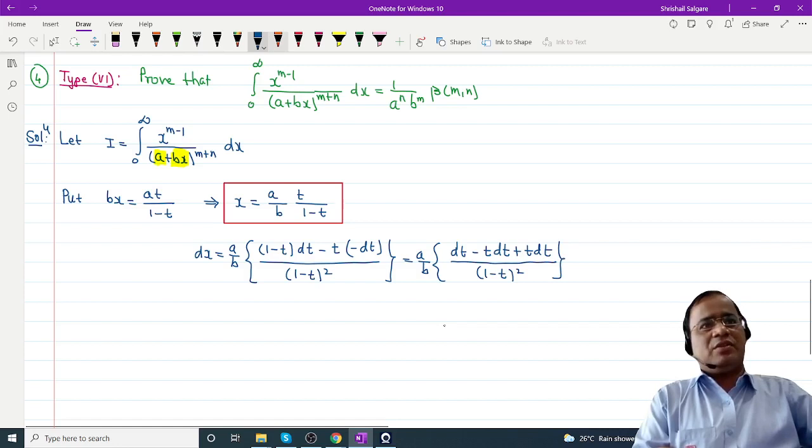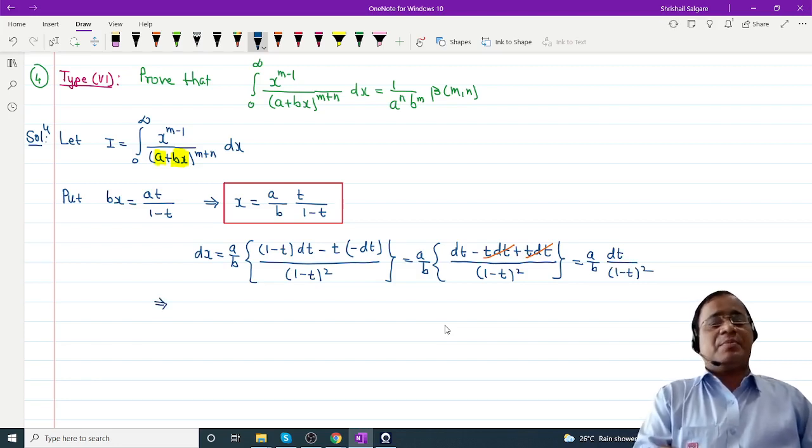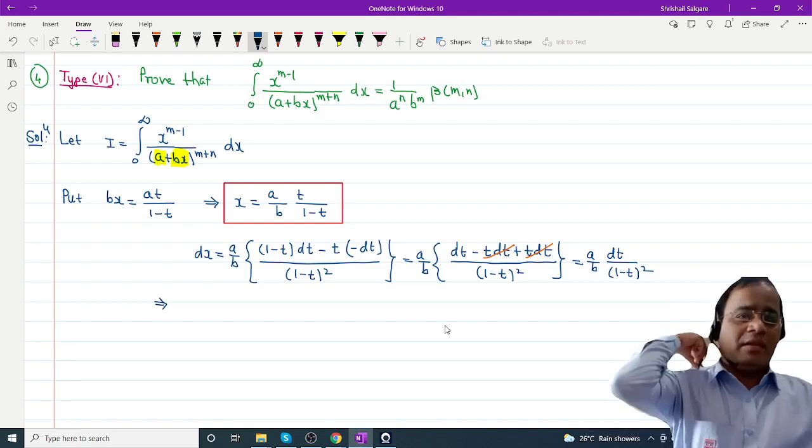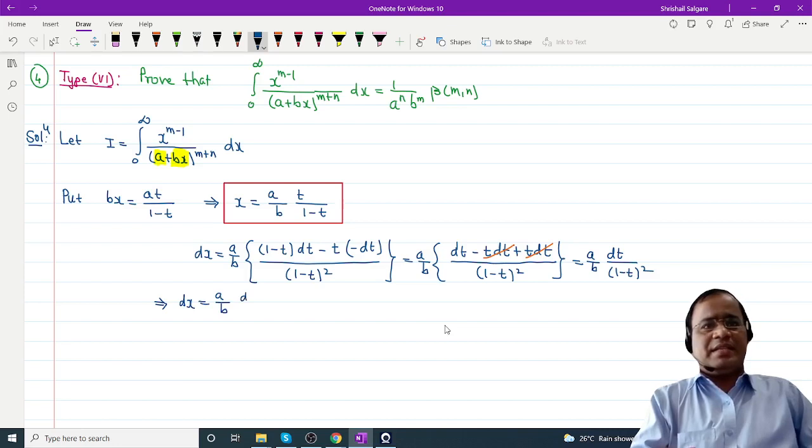So here you can notice that minus t dt plus t dt get cancelled, and the remaining is a divided by b dt divided by 1 minus t bracket square. Remember, in the examination, next example onwards, I am going to write directly the value of dx, and while solving example, directly you can write dx is given by a divided by b dt divided by 1 minus t bracket square.